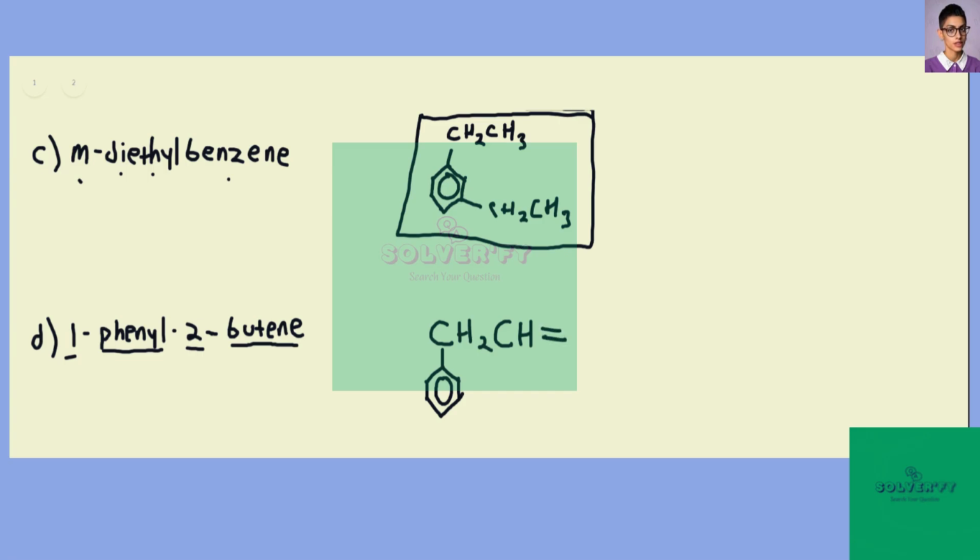And because this is butene, this chain is going to have 4 carbons total. And so just to review, that is 1-phenyl-2-butene, with my phenyl group off the first carbon, my double bond off the second, and 4 carbons together in the chain.